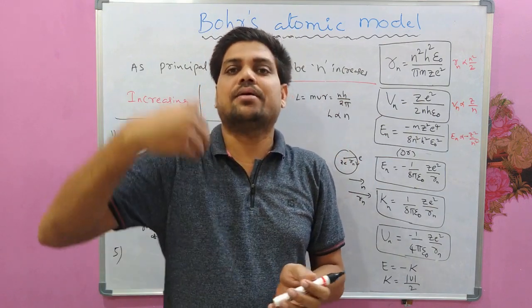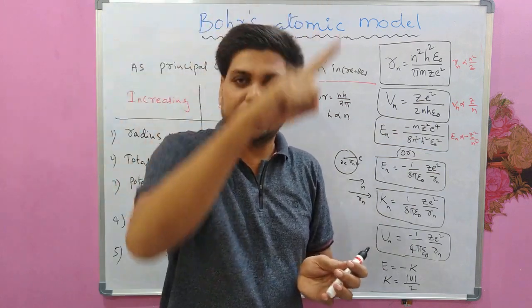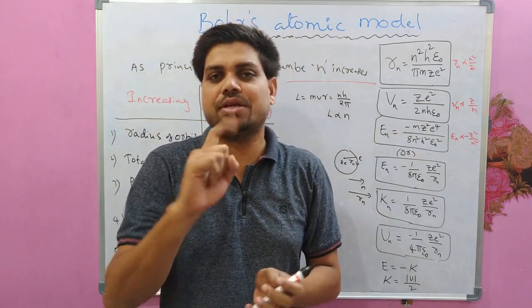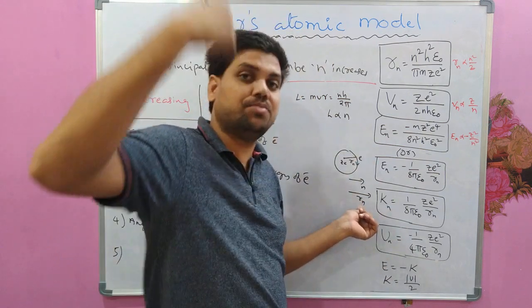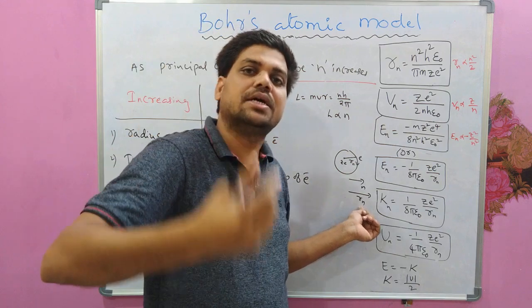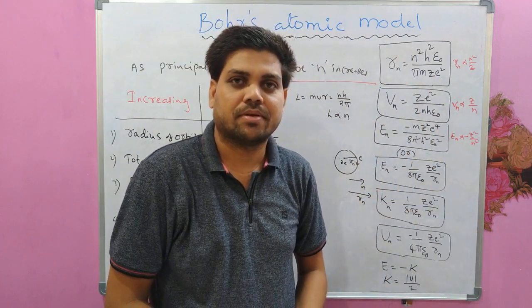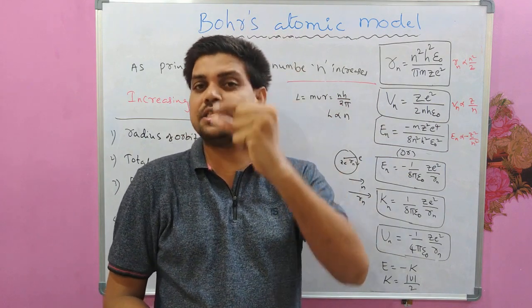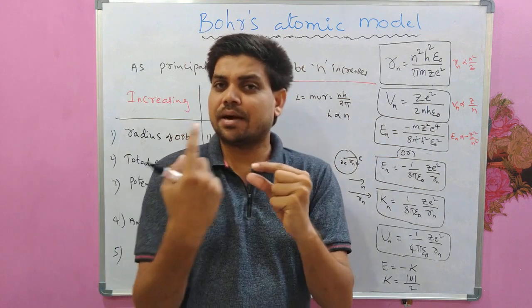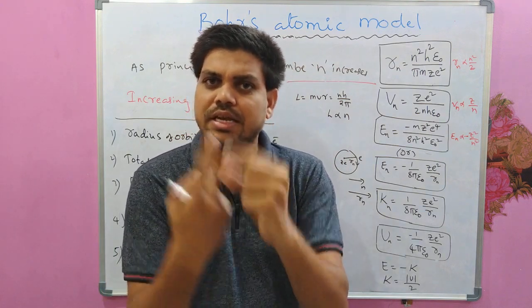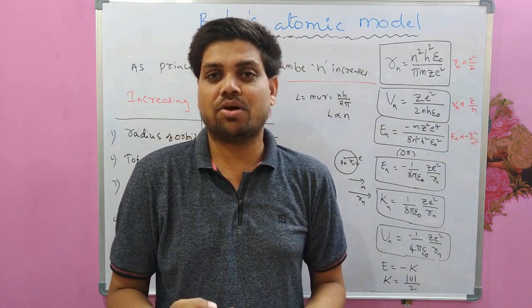Electron will take more time to complete one complete revolution around the nucleus if Rn is more, if the radius is more. But if the radius is very, very small, then the electron can complete one revolution in less time, which means the time period I am talking about.